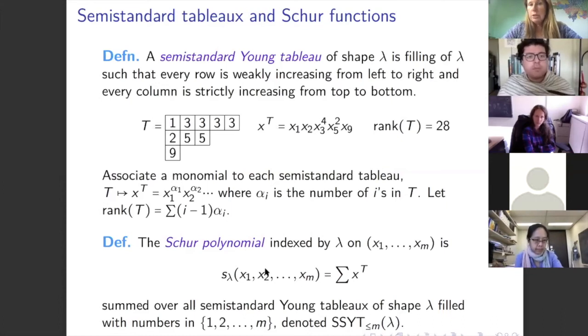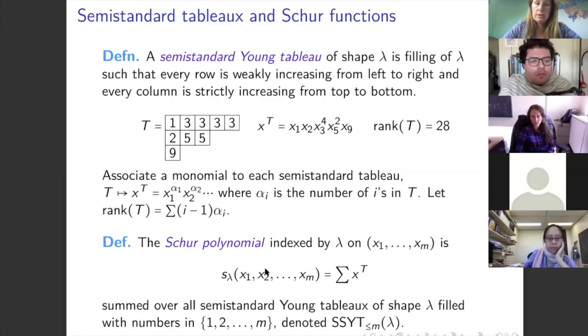And for each such filling, you can make a monomial. So x to the t means x1 to the number of ones that appear in t, x2 to the number of twos that appear in t, x3 to the number of threes that appear in t, and so on. So for this example, we have 4 threes, so x3 appears 4 times, right?